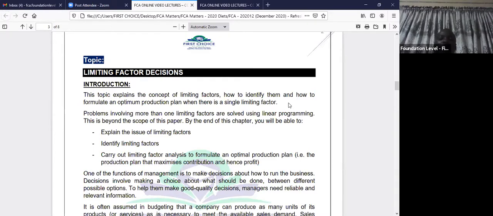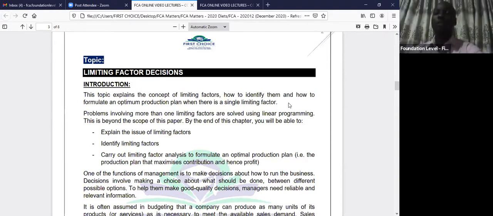Let's say the material that is supposed to be used for all of them is not enough to go round as everybody will want. How do we get the maximal use of that limiting factor so that we do not just waste it on items that will bring low profit or low contribution to us? So we are going to be using the limiting factor principle to identify it.